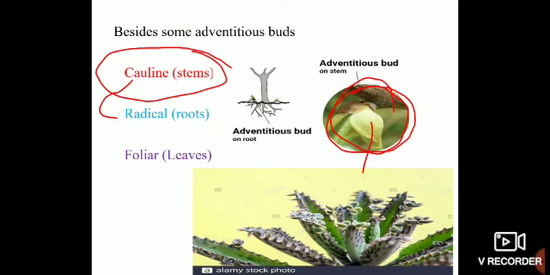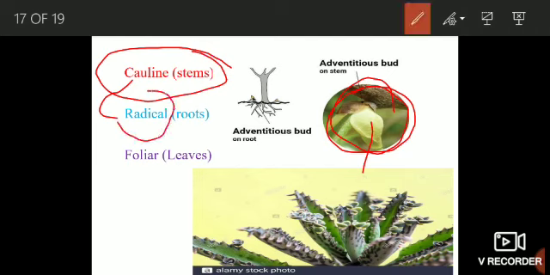If these adventitious buds arise from the stems, they are known as cauline buds, and they can arise at the internode region as well.